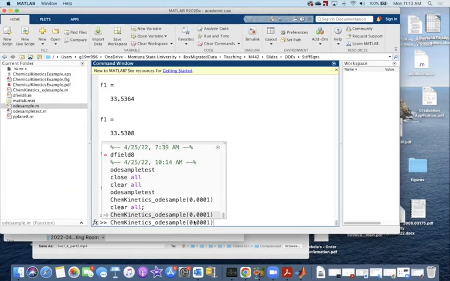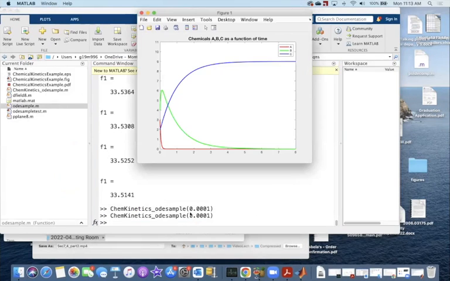There it is. Now, hopefully you can see that what got generated was a figure file. And you saw this before, chemical A, B, and C. They have a time profile.